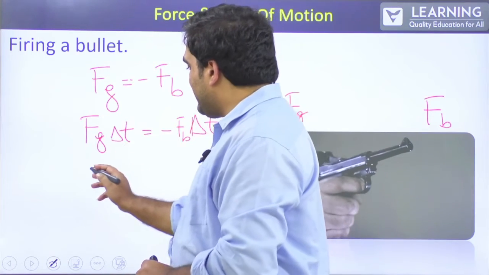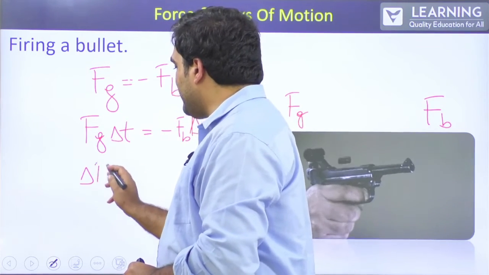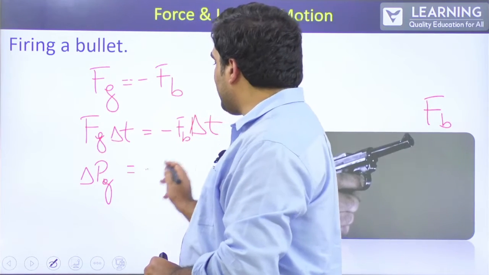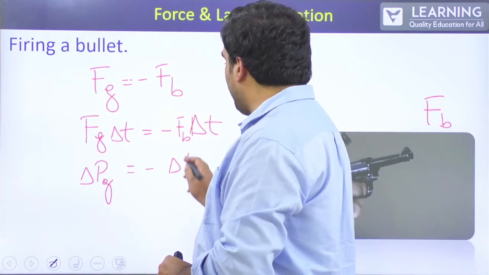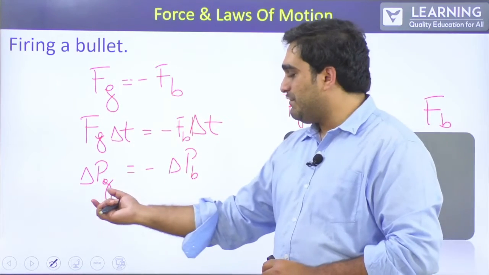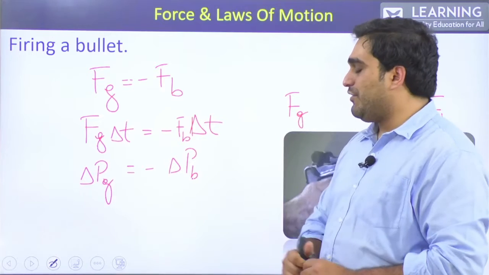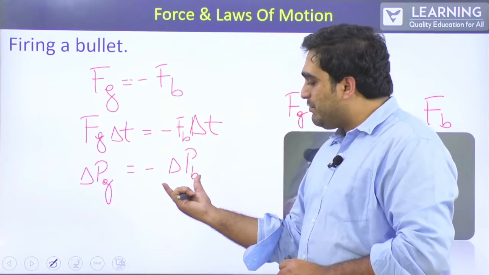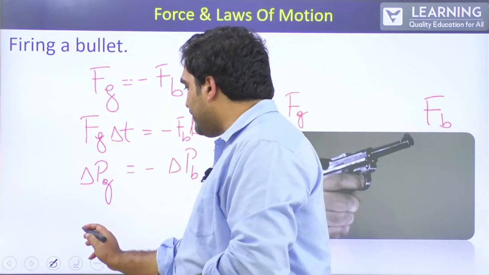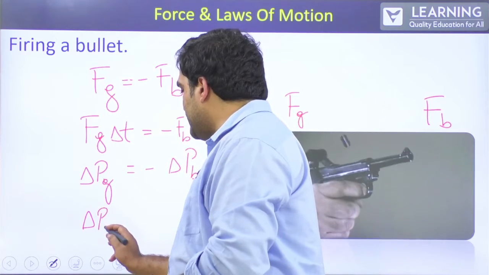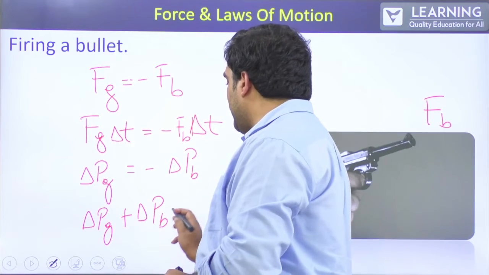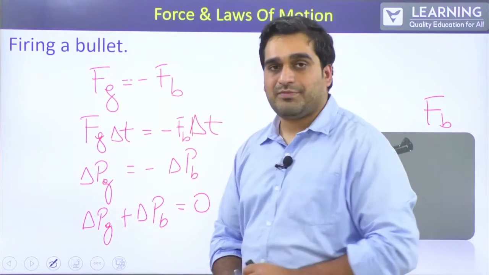So this particular section is the change in momentum for a gun, and this section is the change in momentum for a bullet. Change in momentum for a gun, change in momentum for a bullet. And by transposing this minus delta P to the other side, you get delta Pg plus delta Pb, which is equal to 0.